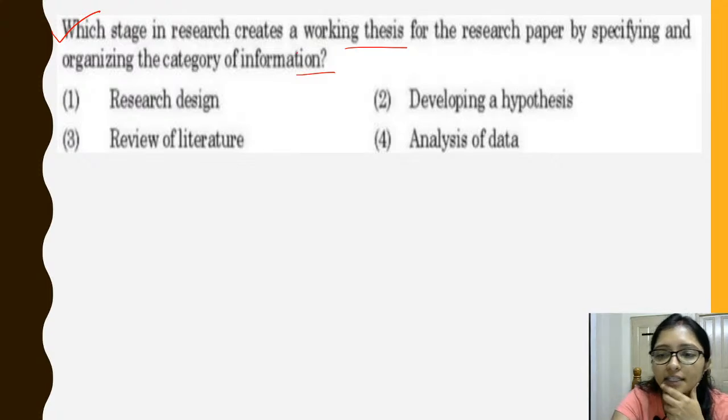Vanu, Himani, Sarita, Debaroti, Vikrant, Manish, everyone is here. Try to solve.